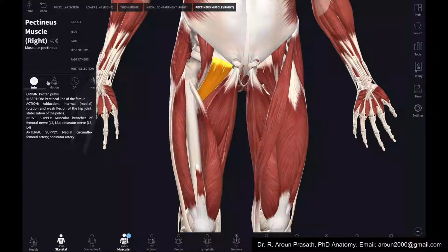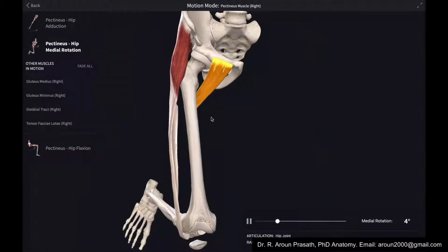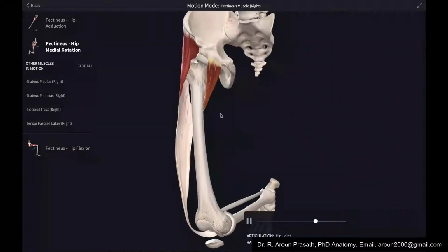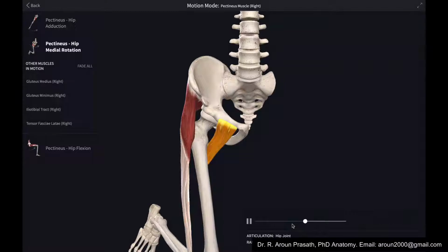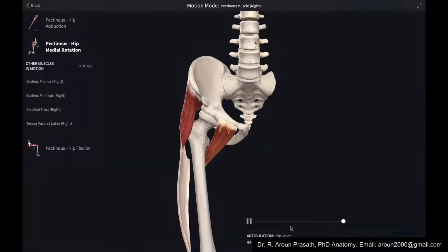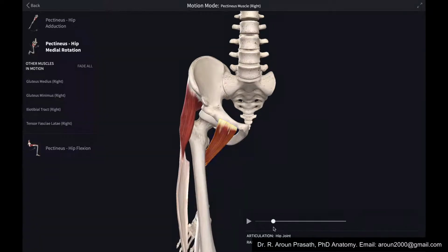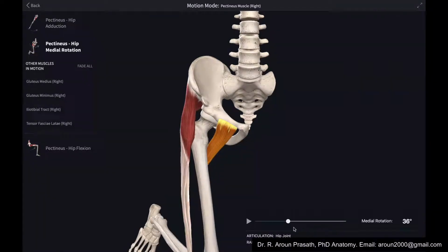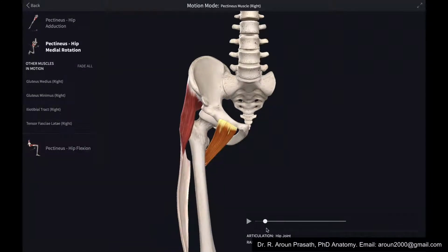This is also helpful in doing the medial rotation. This is a medial rotation movement, which is done by pectineus muscles, and the medial rotation movement you can see around 30 to 45 degrees.